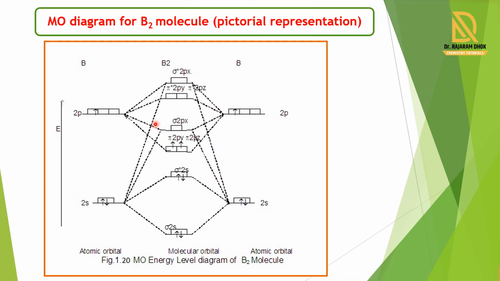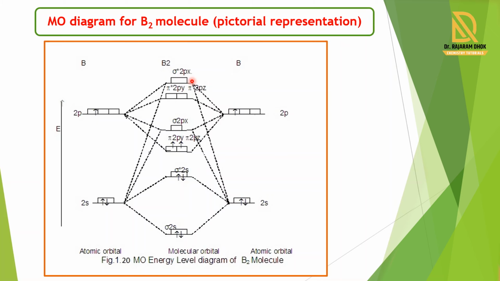Now the antibonding sigma star 2px is formed. When the wave functions of the px orbital of the first boron atom and the px orbital of the second boron atom are different, they repel and form an antibonding molecular orbital with higher energy. We give the name sigma star 2px.